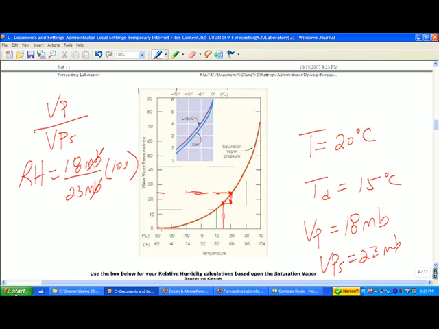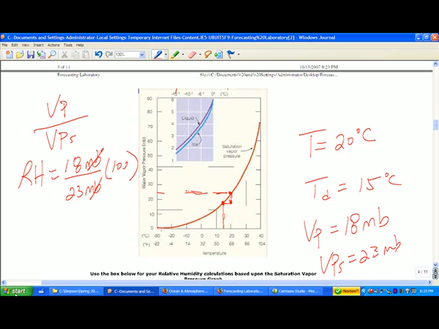Let's see if I can still remember how to do this. 23 into 180. And that actually works out to about 78%. So pretty close to that 80% threshold, not quite there.